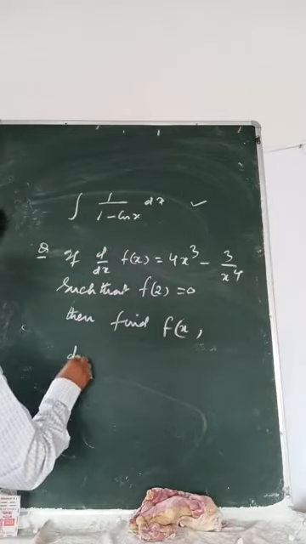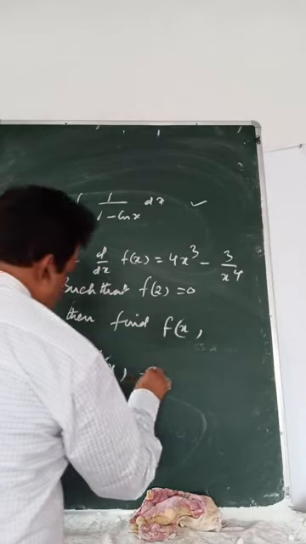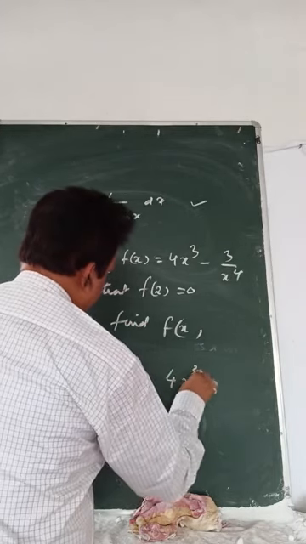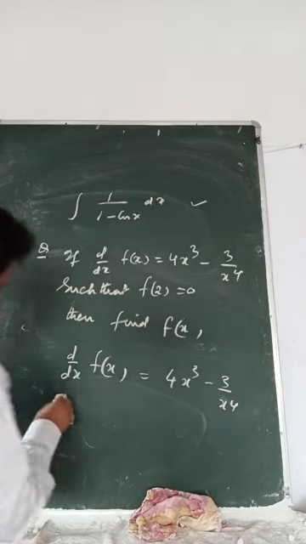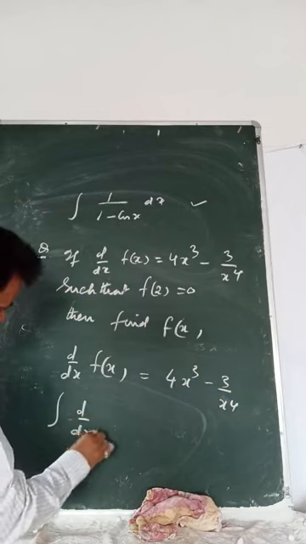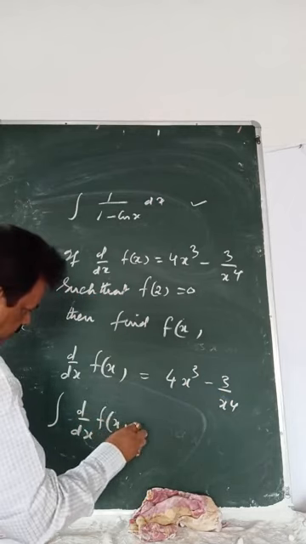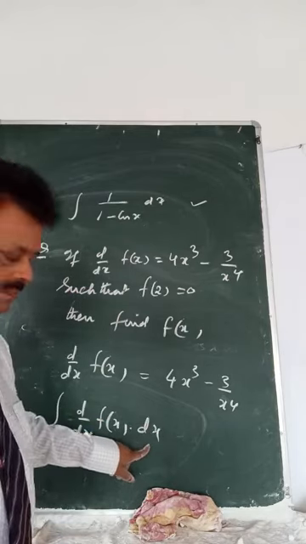So d/dx of f(x) is 4x cube minus 3 by x to the power 4. You integrate now. Integrate d/dx of f(x) with respect to x.